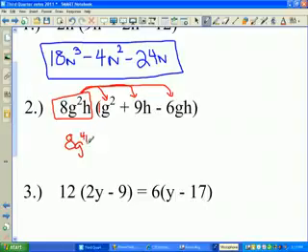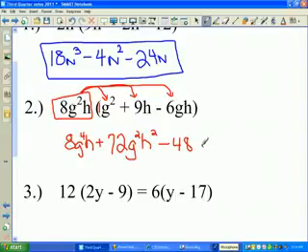And we just have an h, so we bring the h down. Plus 8 times 9 is 72. G squared, there's no other g's here, so we just bring down the g squared. And h times h will give me h squared. Minus 8 times 6, 48.